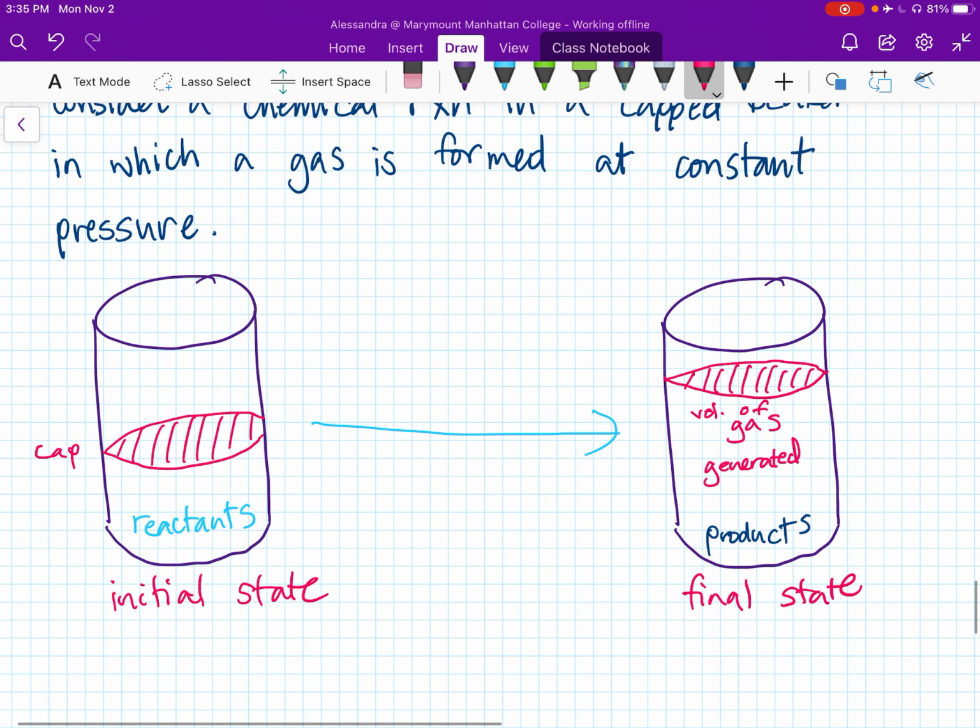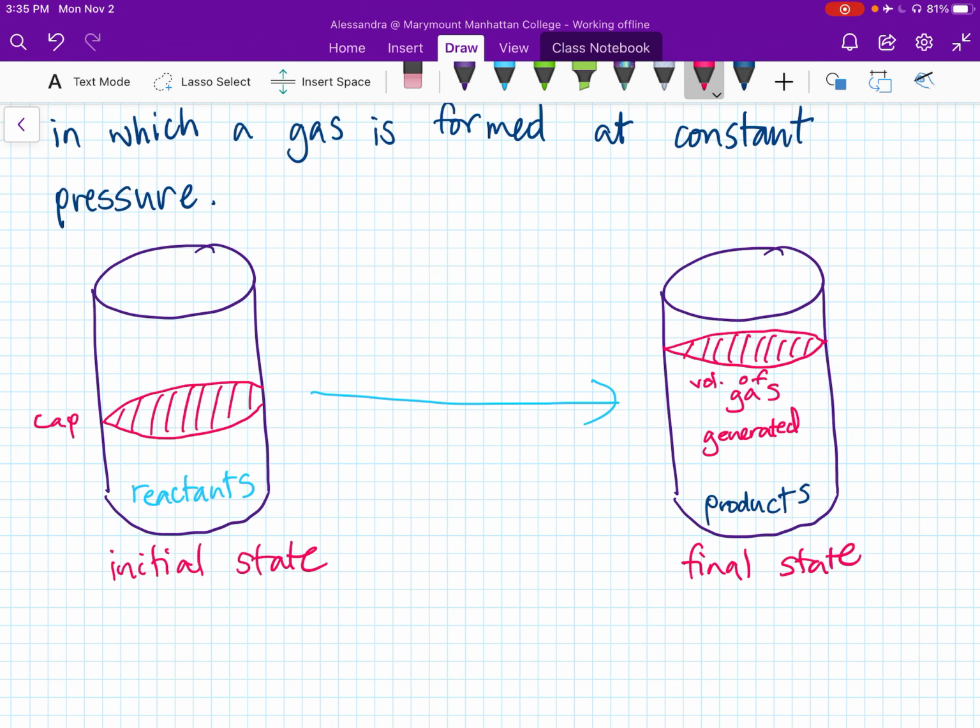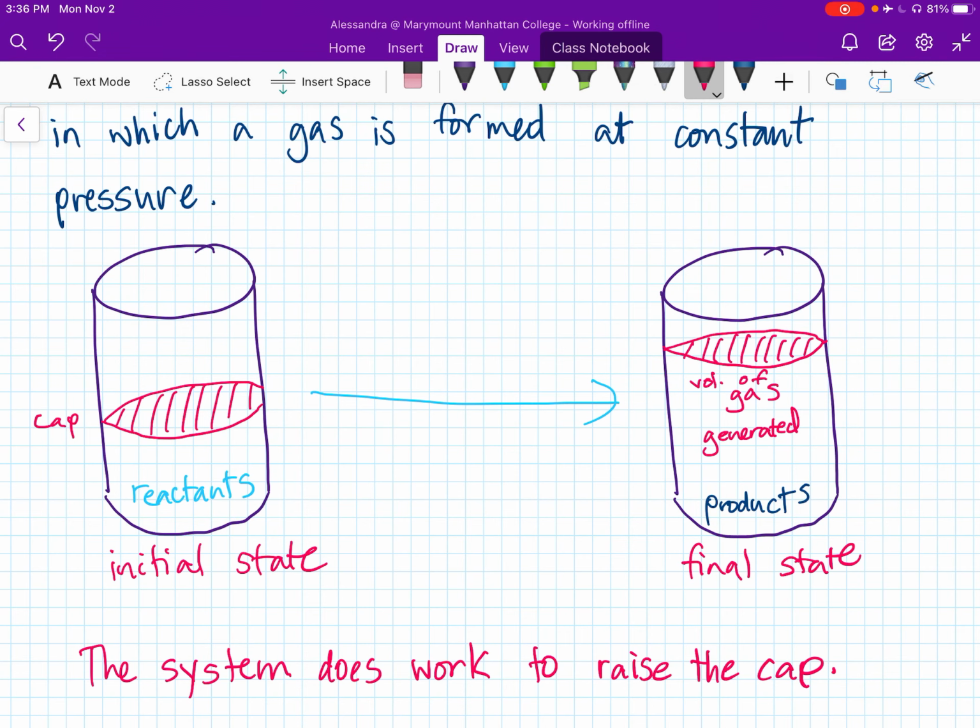Now, the system is your reactants, right? And I think it's not too much to ask you to imagine that the system is doing work to raise that cap. So the system does work on the surroundings to raise this cap inside the beaker.